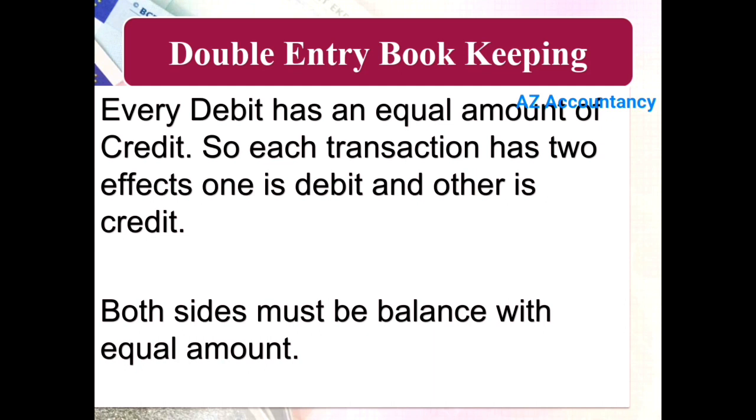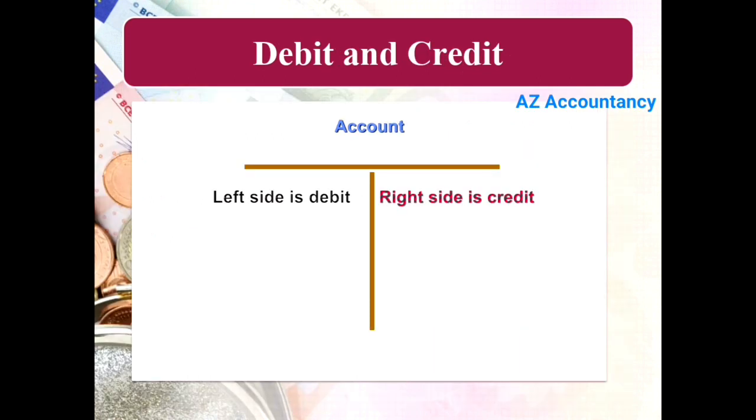Next, we have to understand what is double entry accounting principle. Double entry accounting principle says every debit has an equal amount of credit. So the transaction has two effects. One is debit and second is credit. Now you are thinking, what is debit and credit? An account is the individual summarized record of an item, for example cash account or purchases account or any personal account.